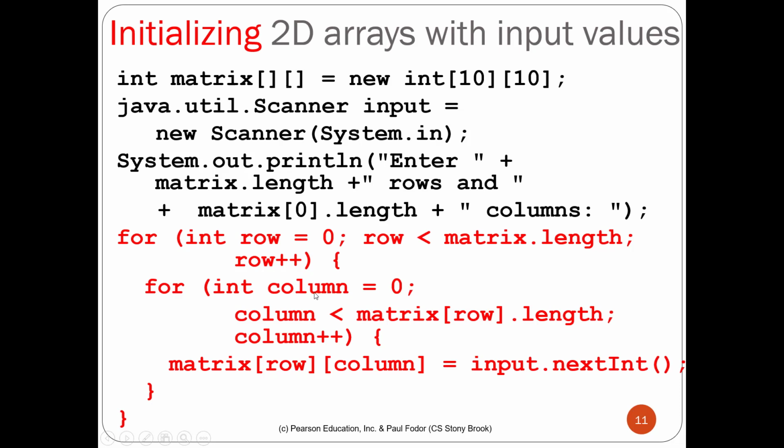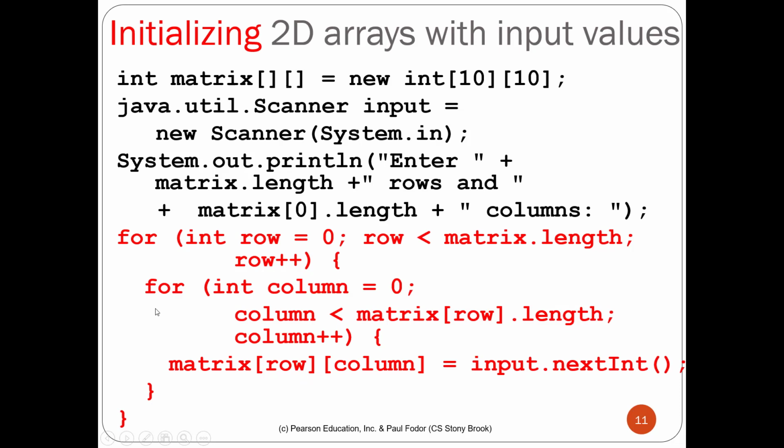In this first pass of the for loop for column, you will be able to get all the elements for the first row. First row means row index 0. So when this for loop completes, that means when the column hits 9, and after that when it is 10, you will come out of this for loop.